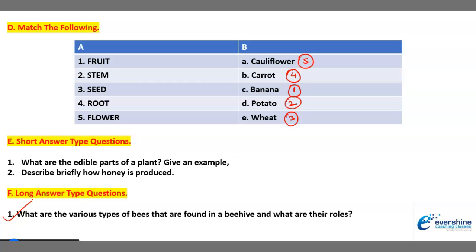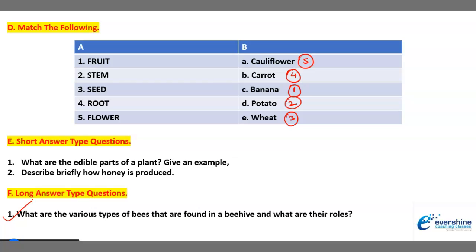There it changes into honey. So the function of a worker bee is to collect nectar from flowers and store it in hives where it changes into honey.